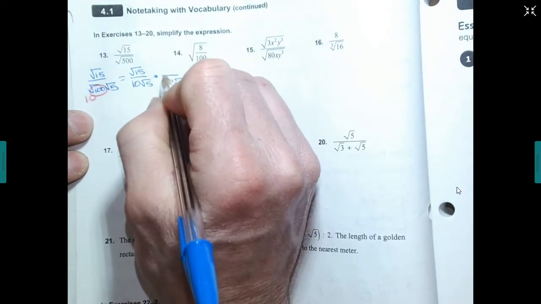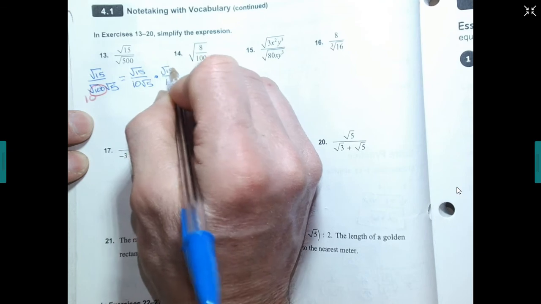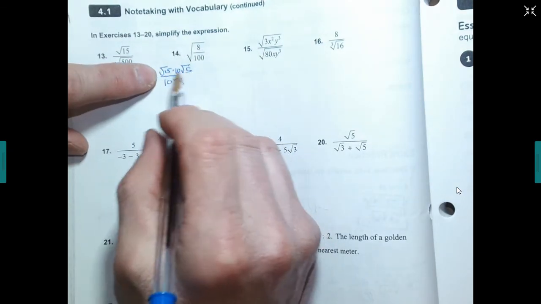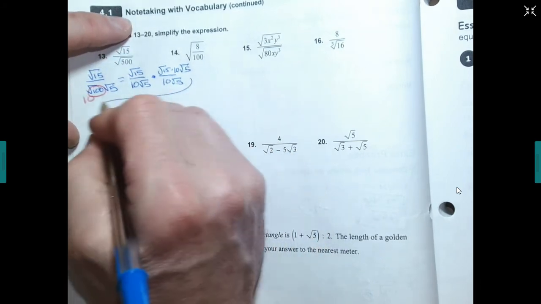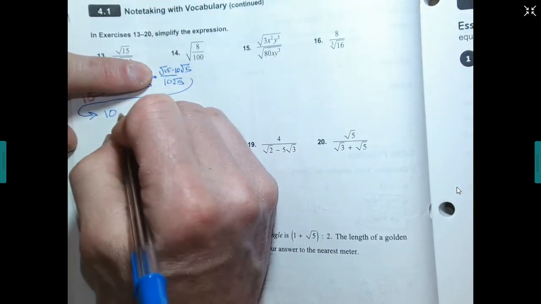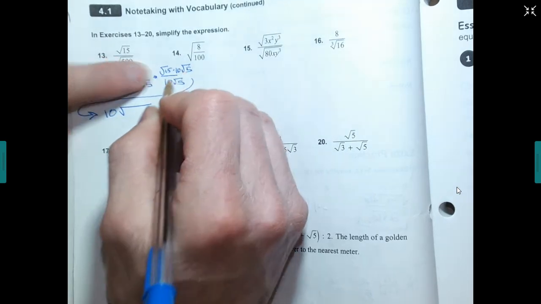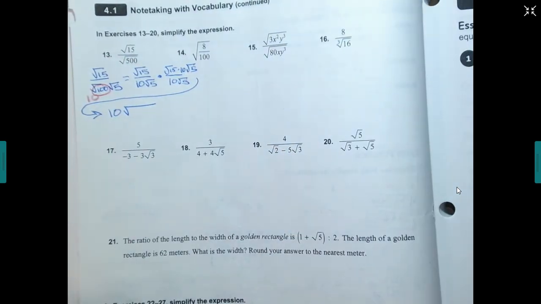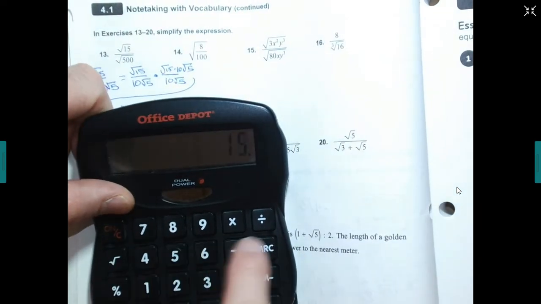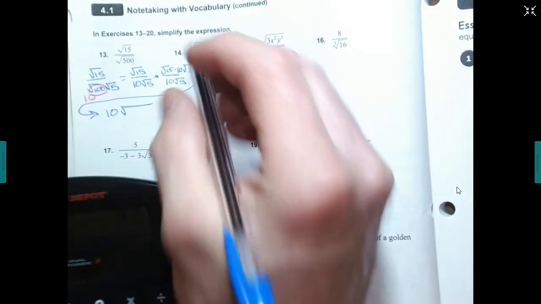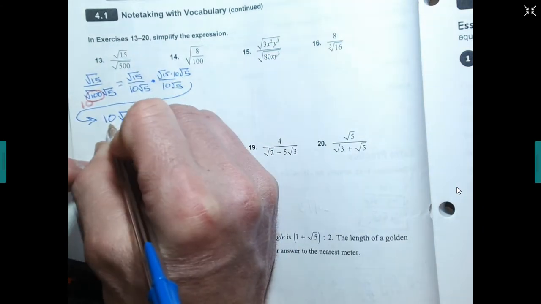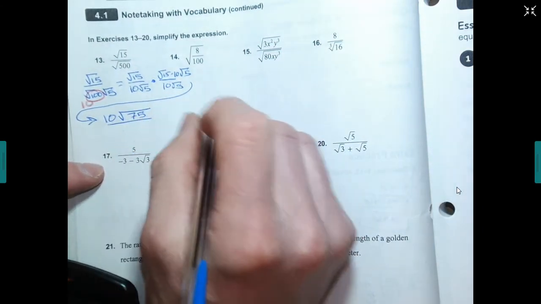So fix the problem with the problem. Multiply by the square root of 5 over the square root of 5. So on this top, I have 10 times the square root. What is 15 times 5? 10 times the square root of 75. Oh, I see, there's a magic number inside there.